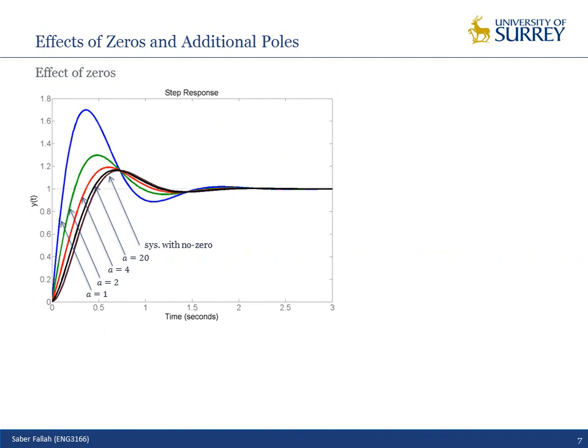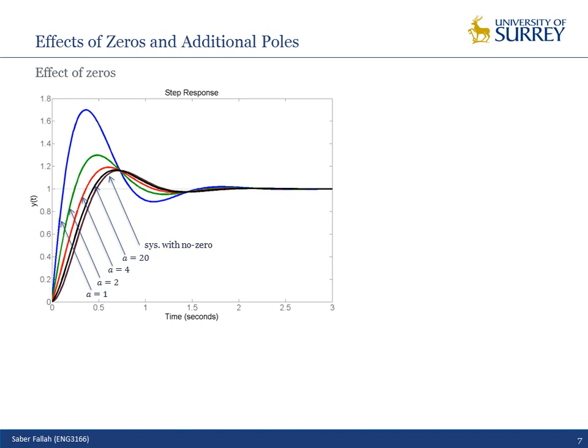Look, here the brown line is a system without any zero, a standard response. If I change alpha from 1 to 20, as you see, for the small alpha it increased both overshoot and response time of the system significantly. Alpha equal to 5 still is not close to the standard response.